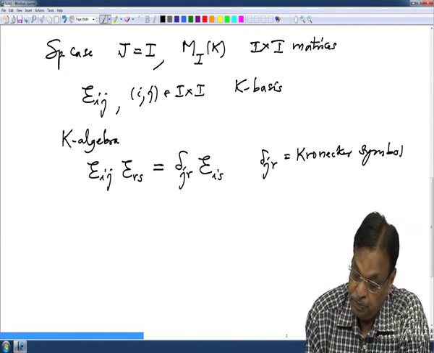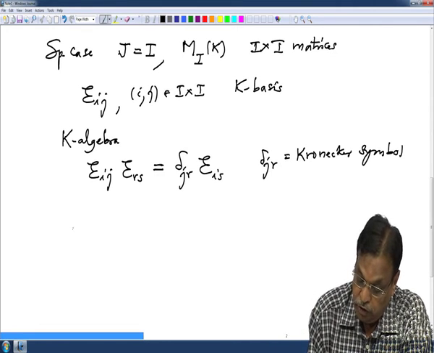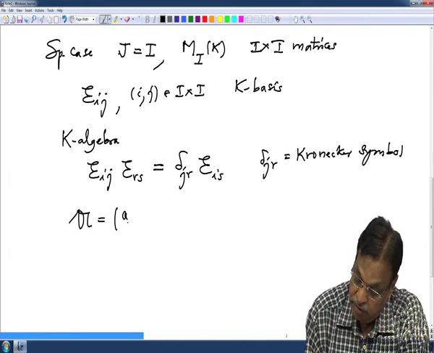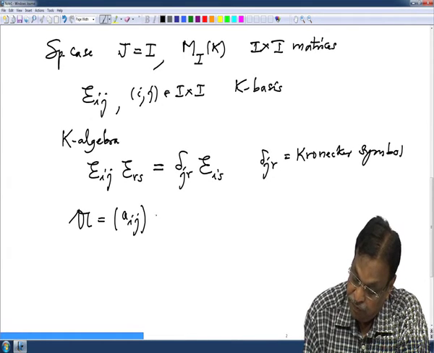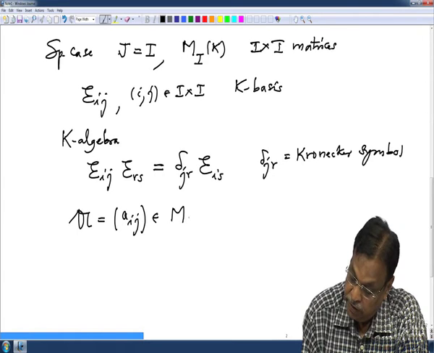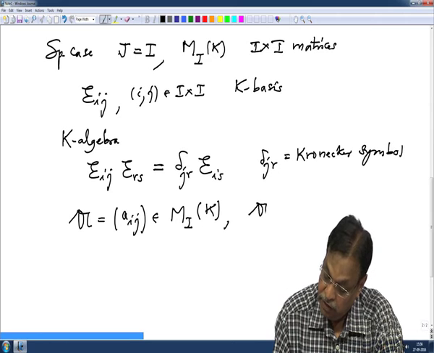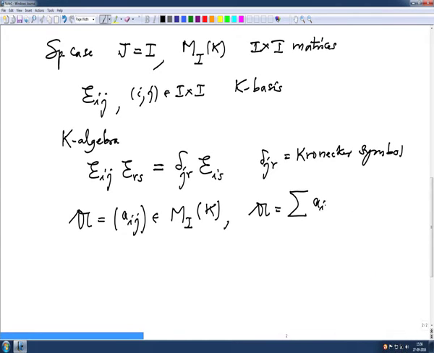So this is very helpful for the calculation, because any matrix A, a square matrix for example A = (a_ij) in M_I(K), we can write it as A equal to the summation of entries a_ij times matrix units E_ij, with i, j running in I. So these are the coefficients, and they are uniquely determined because this is a basis.